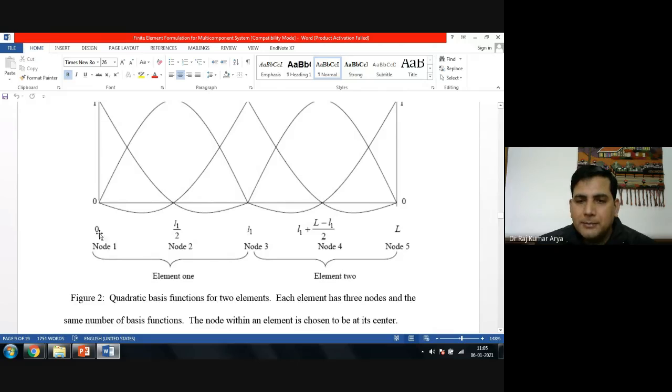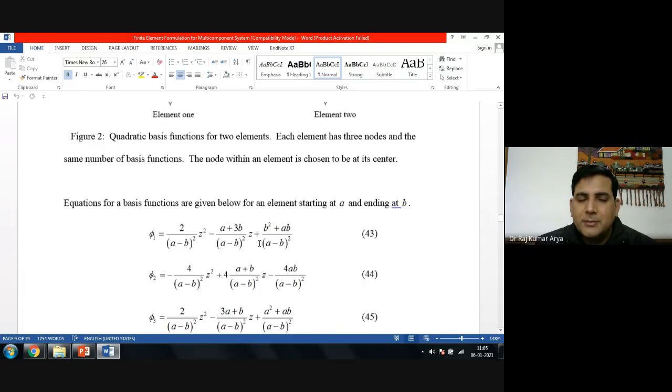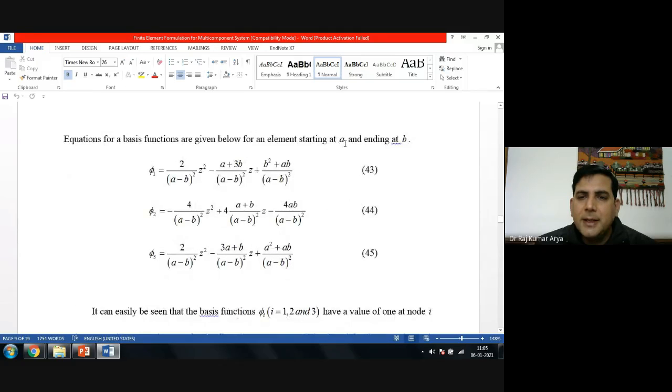So in place of 0 to L1, I just took A to B. A is 0 and B is L1 only. So if your element size is A to B, these would be the equations for your phi 1, phi 2, phi 3. The derivation can be done, or these are also given in any mathematics book.